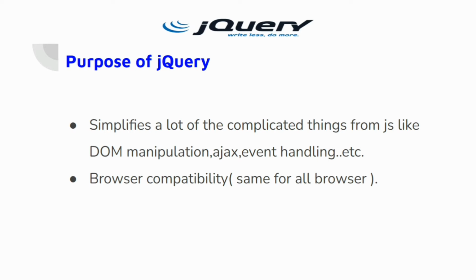The second one is browser compatibility. It means that before jQuery, different web browsers implemented JavaScript in different ways. For example, a web browser like Internet Explorer had one height dimension and Chrome had a different height dimension.